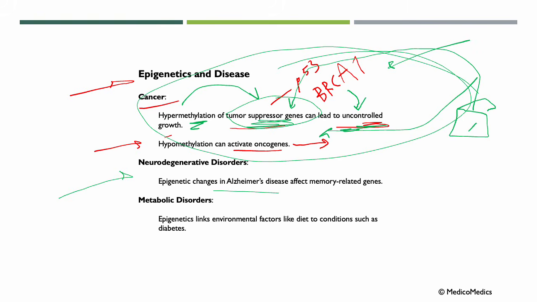So in Alzheimer's disease, for example, epigenetic modifications alter memory-related genes, affecting neuron function and accelerating cognitive decline. In metabolic disorders, epigenetic changes link environmental factors like diet and obesity to diseases like diabetes. And it does this by affecting genes involved in insulin regulation and metabolism, etc.